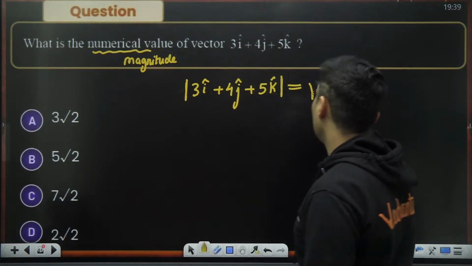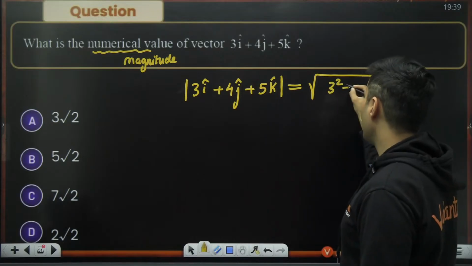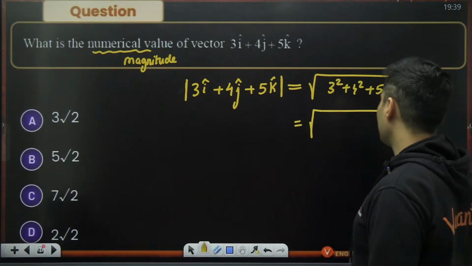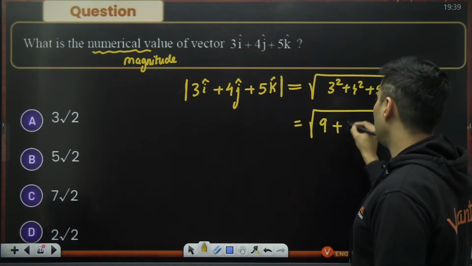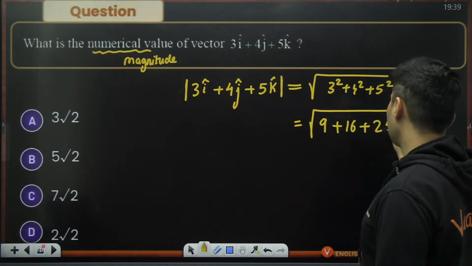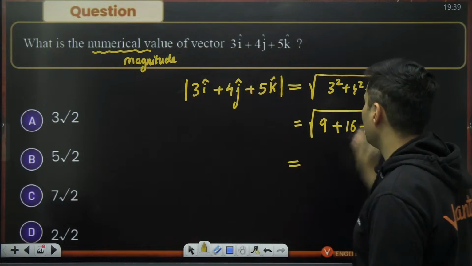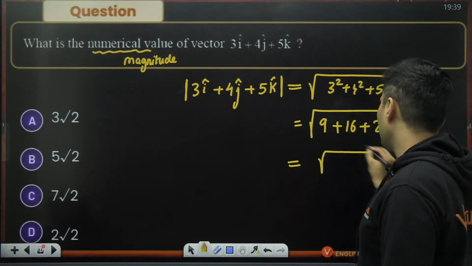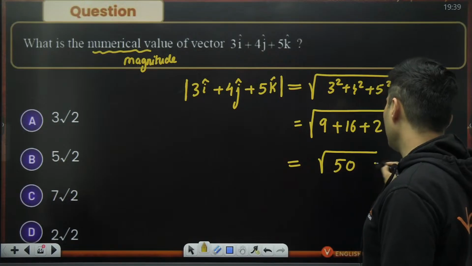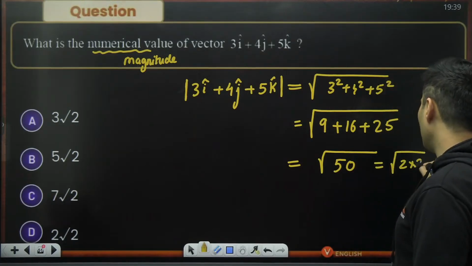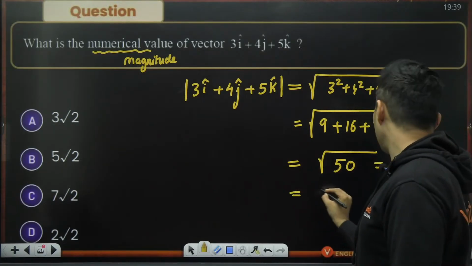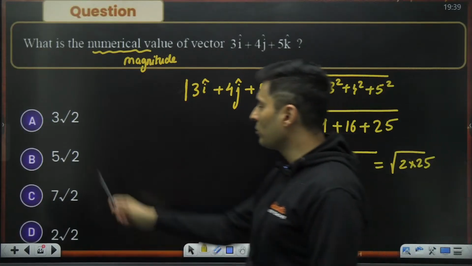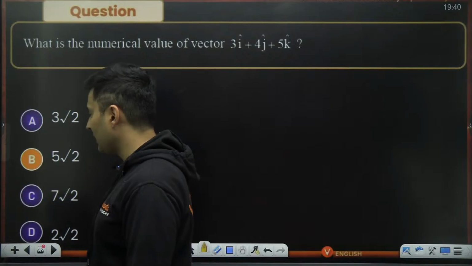Well, take the components 3 square, 4 square, and 5 square. 3 square is 9, 4 square is 16, and this is basically 25, isn't it? So what is 9 plus 16? That is 25. So this will be nothing but root of 50, which is the same as saying 2 into 25. 25's root is 5. So it will be 5 root 2. So 5 root 2 is option B. That is the correct answer.